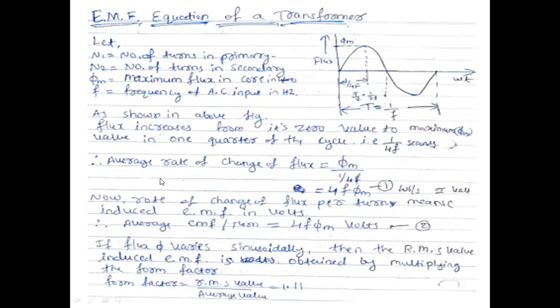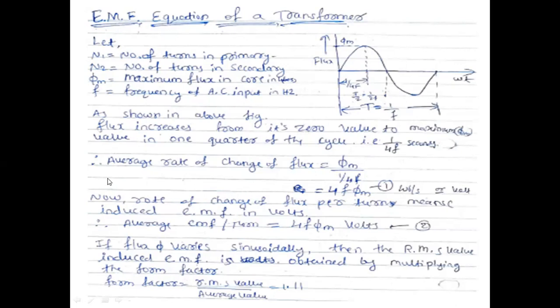Next line again you write down: average rate of change of flux equal to 4f phi m.